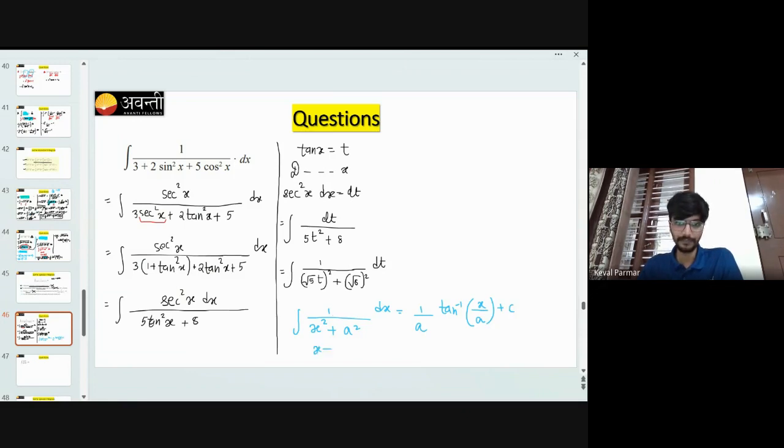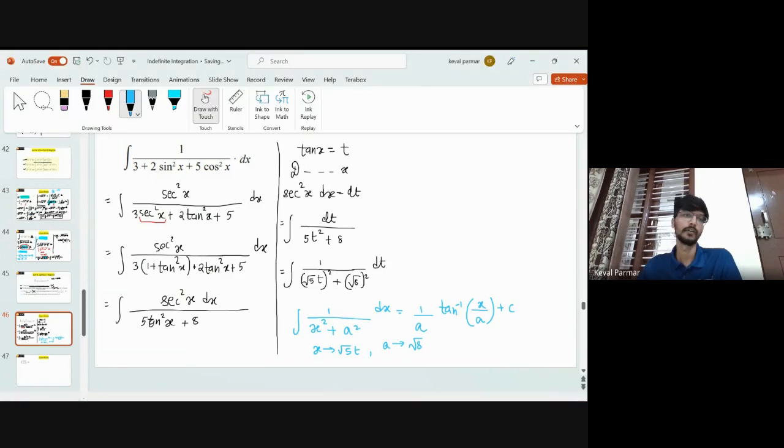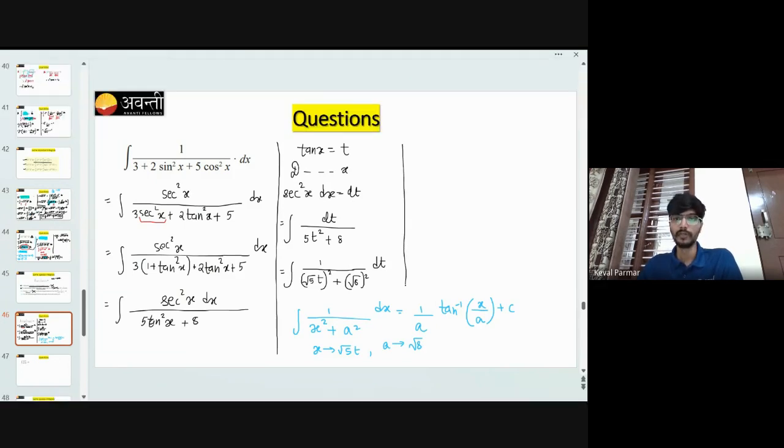Here in place of x we have root 5t and in place of a we have root 8. Got it? So if I apply this formula, I'll get 1 upon root 8 into tan inverse of root 5t by root 8 plus c.